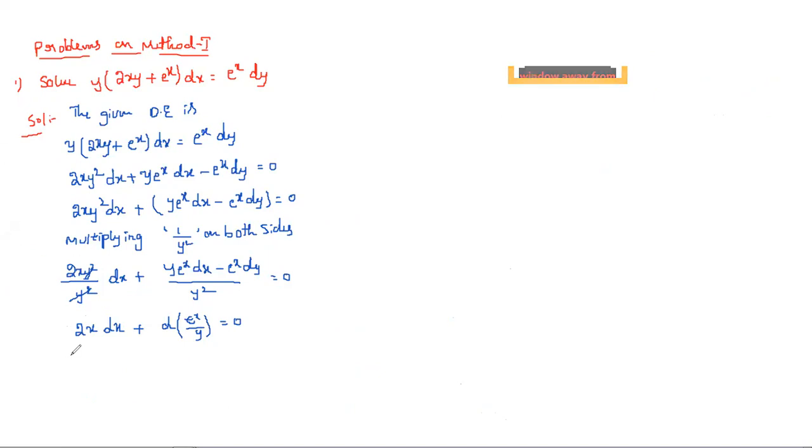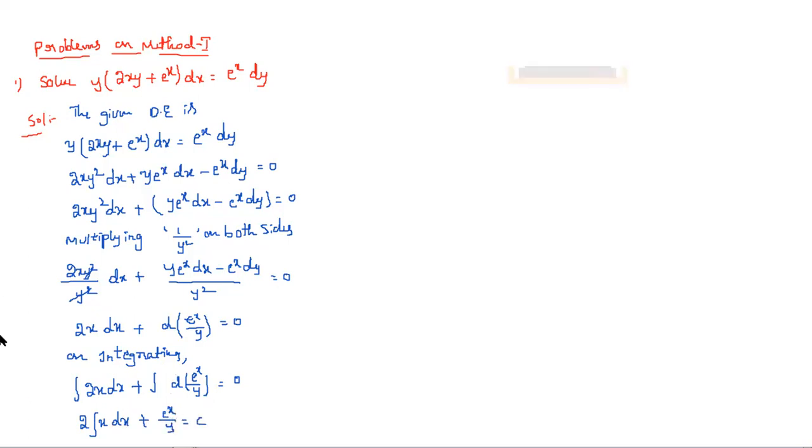So on integrating on both sides, here it is integral 2x dx plus integral derivative of e power x by y is equal to 0. So 2 into integral x dx plus, the derivative and integration both will cancel, and then we'll get e power x by y is equal to c.